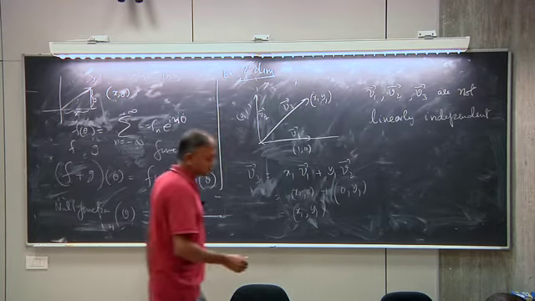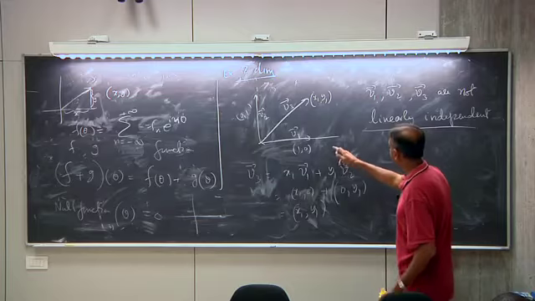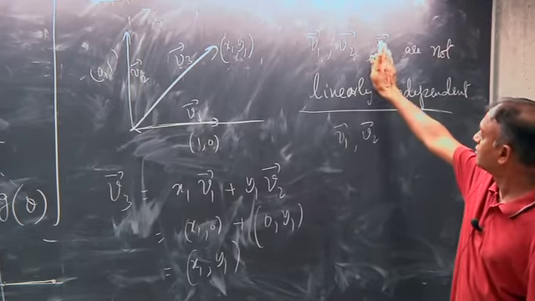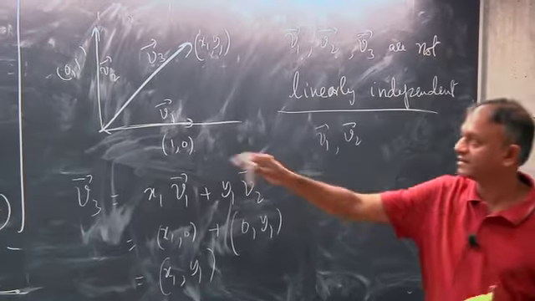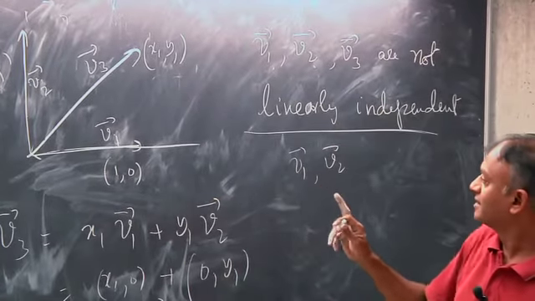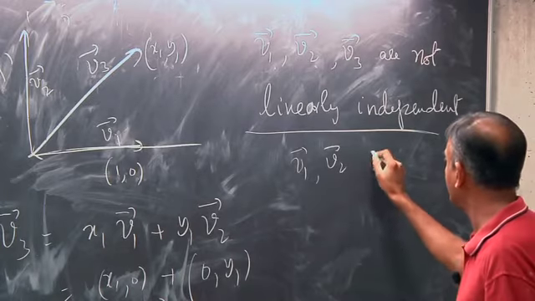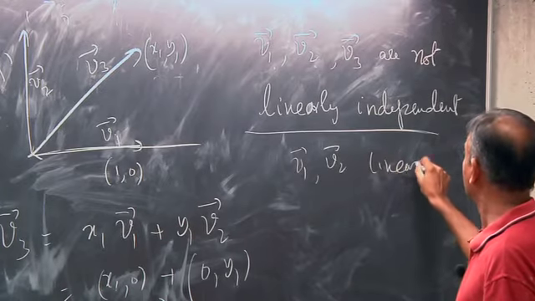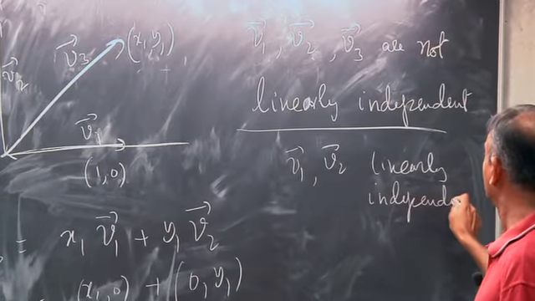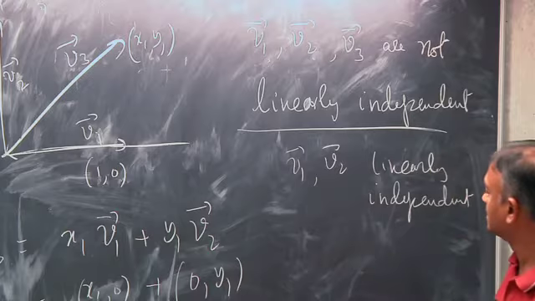On the other hand, if I take another example where I just take v1 and v2, not v3, just these two vectors, then these are linearly independent. Why is it linearly independent?